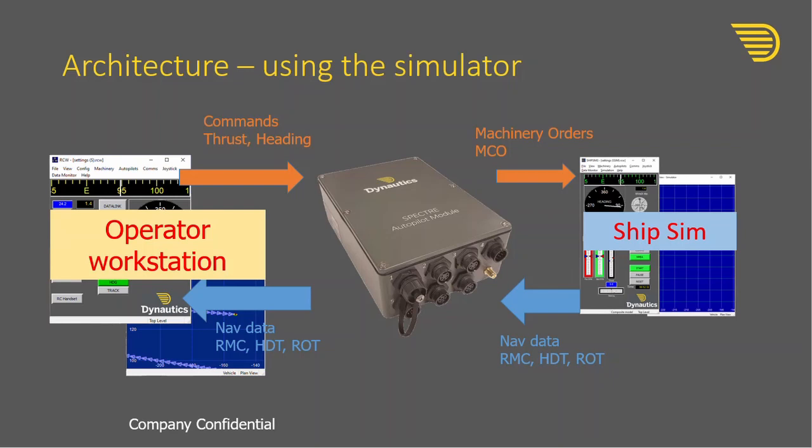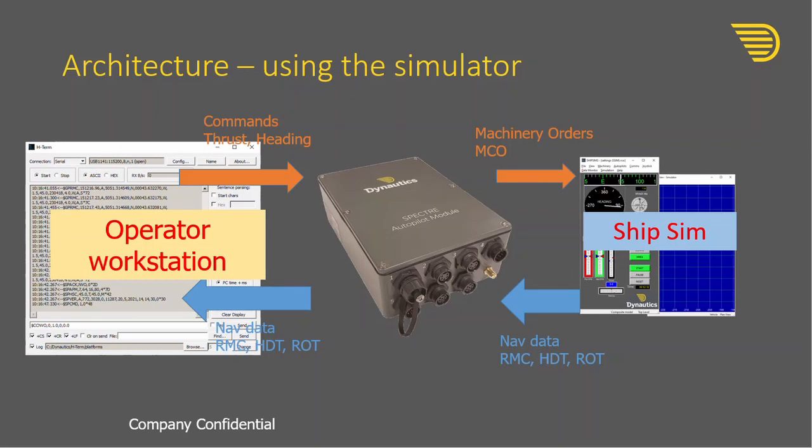Now for this work, we're going to use a simple serial terminal we can type commands into and see data coming straight back at us. We're going to have a look at the link between Spectre and ShipSim, and then we'll have a look at how to send commands, what commands to send and what responses we expect, and how to get that navigation data back out.